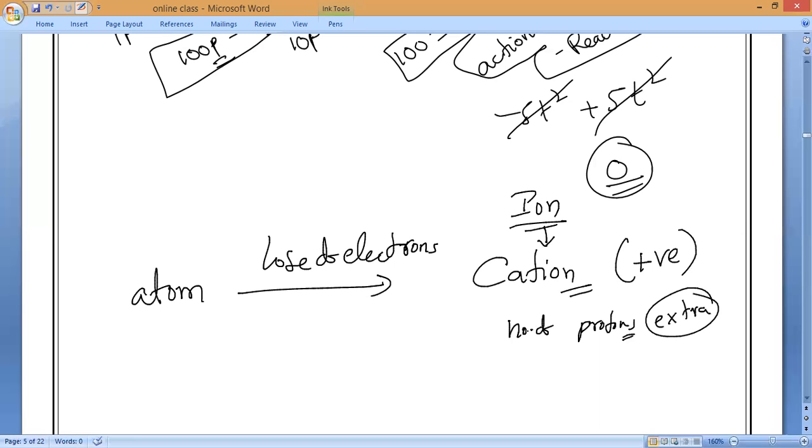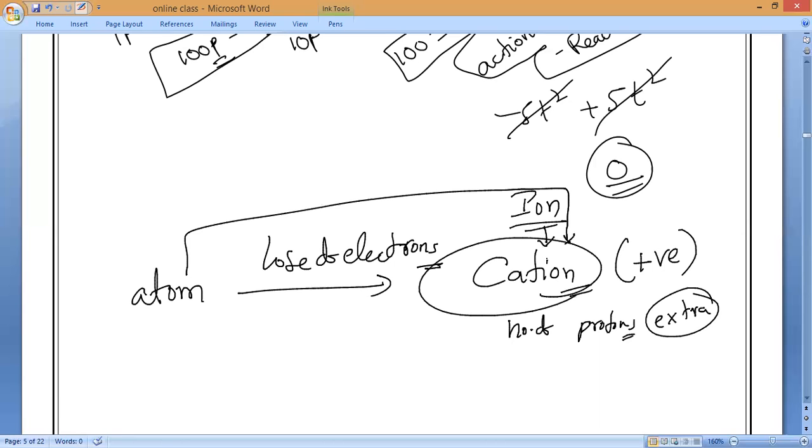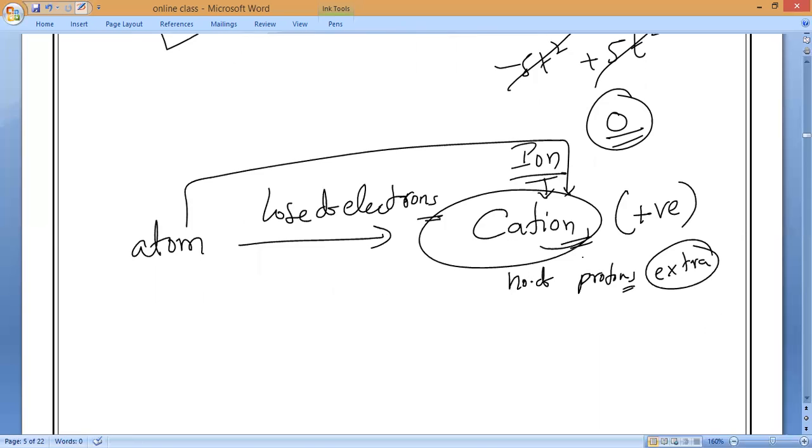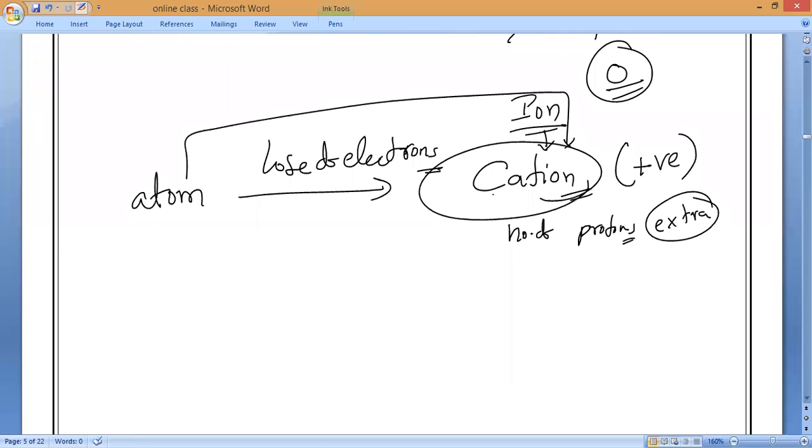That is why an atom turns into an ion by loss of electrons. It turns into positive charge because it is going to lose electrons, so the number of electrons is decreasing. That is why it is called a cation. I'm saying this very slowly now.